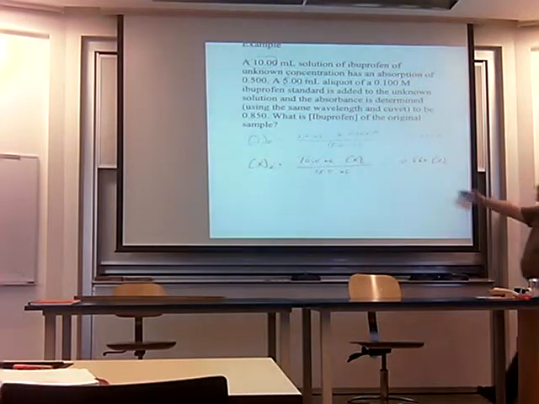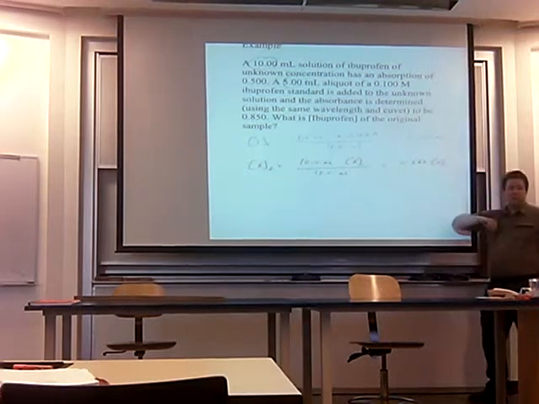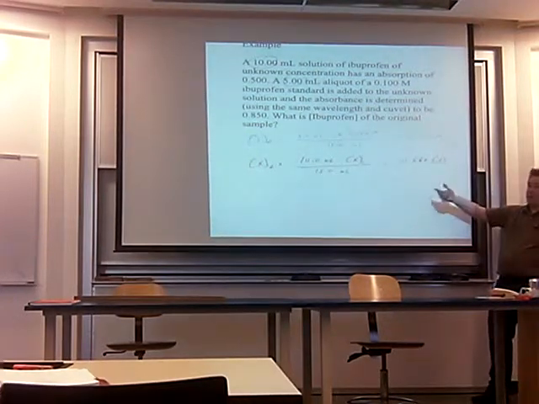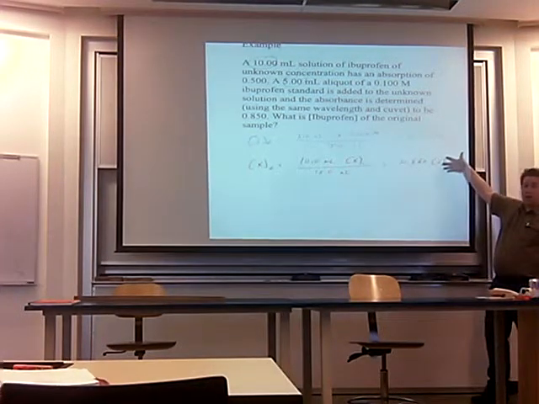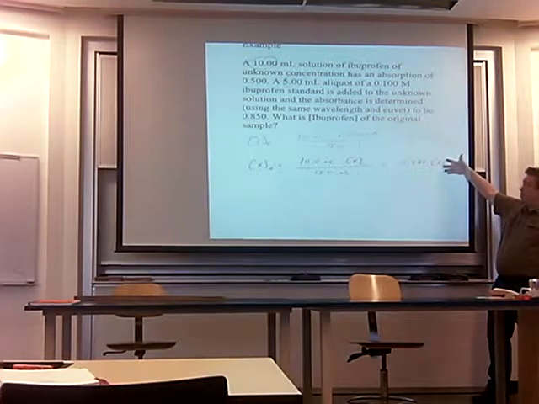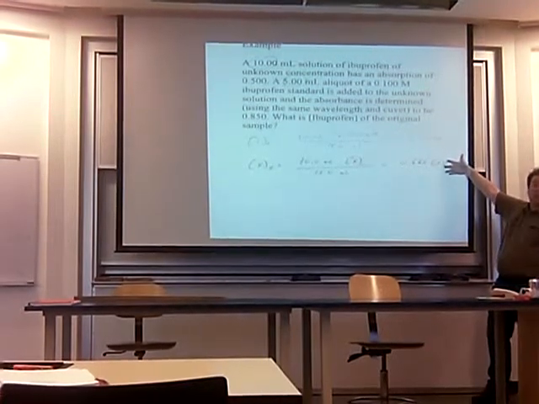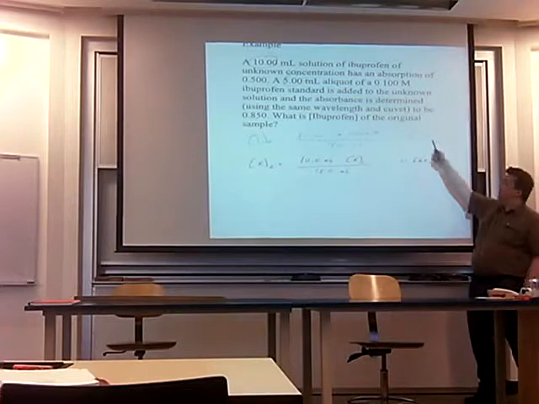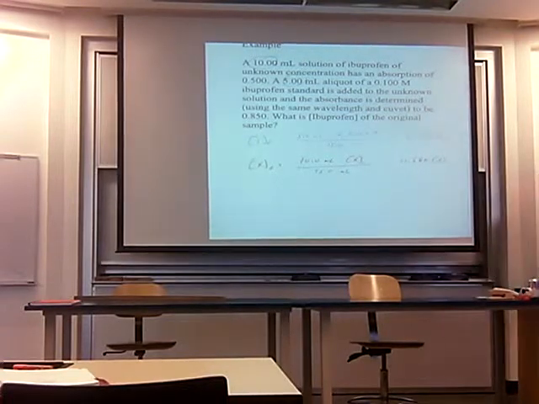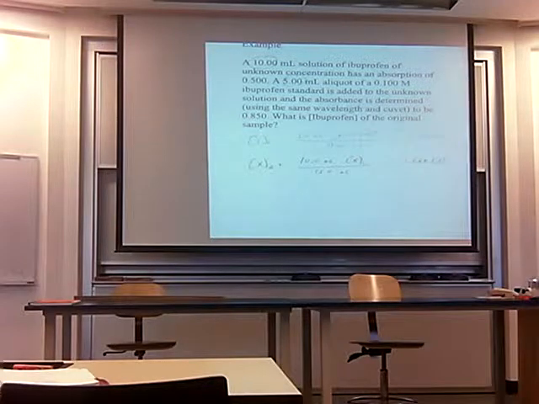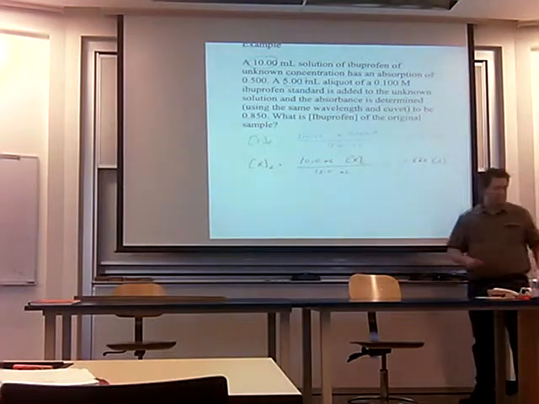Only 2/3 as concentrated as it started off. So if we can tell the two sources of ibuprofen apart, the original ibuprofen in the unknown is only 2/3 its concentration, and we've added 0.033 molar of new, fresh ibuprofen. We can't tell them apart, they're mixed together.